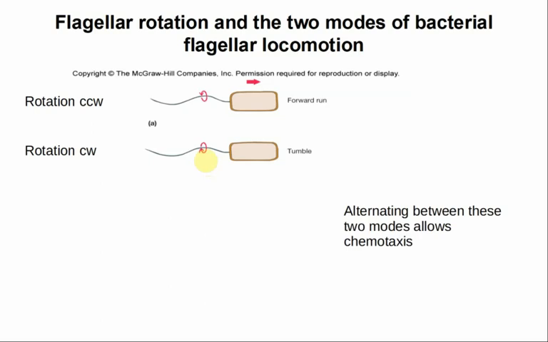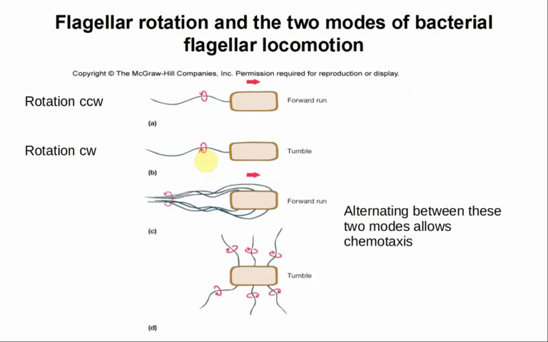Now that works for monotrichous bacteria and also works for peritrichous bacteria. So peritrichous bacteria have many flagella all around the bacterial cell, and their rotation will be coordinated. So all the flagella on the bacterium will be rotating in the same sense, okay?